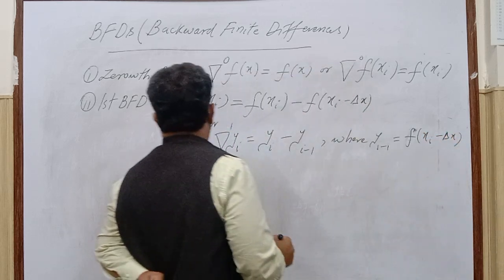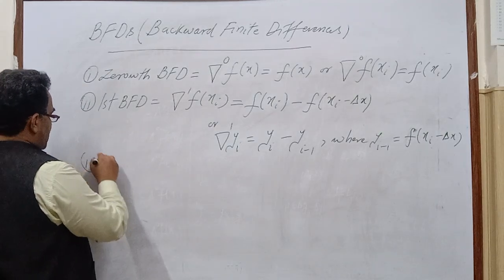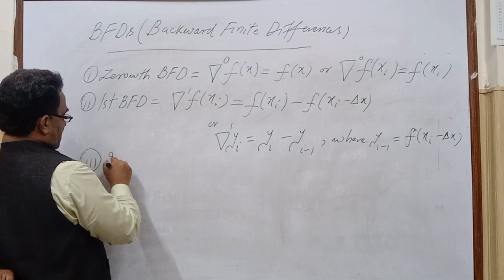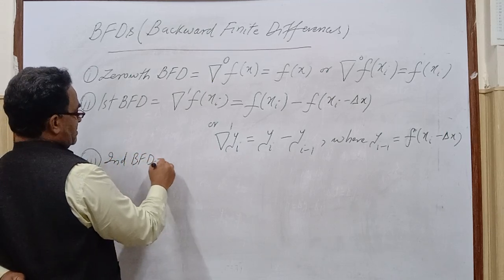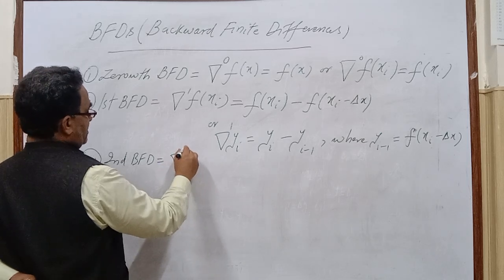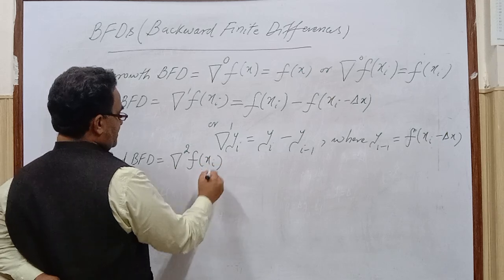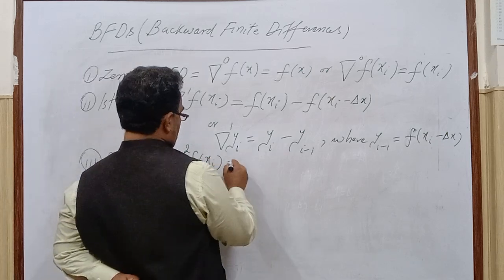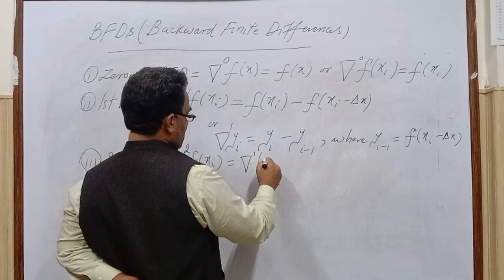Okay, and just like that we can also define the second level BFD. That is the second BFD, and that is symbolically written as del 2 f of xi. This del 2 can be broken down into two pieces of del 1.